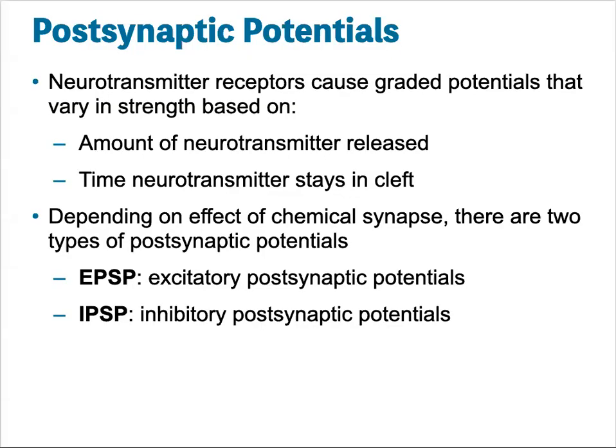This postsynaptic potential can vary in strength depending on the amount of neurotransmitter that's being released, as well as the amount of time that the neurotransmitter is kept in that synaptic cleft. And depending on the effect of that specific chemical synapse, we can form either an excitatory or an inhibitory postsynaptic potential. So that's what EPSP and IPSP stand for.